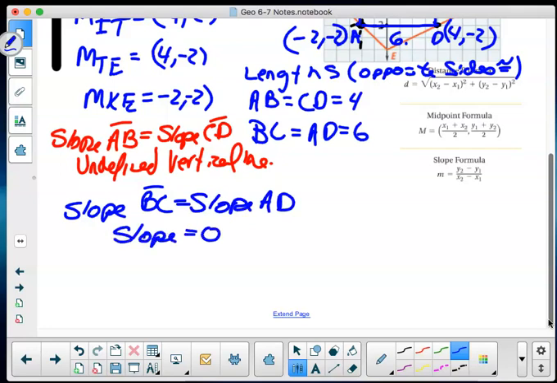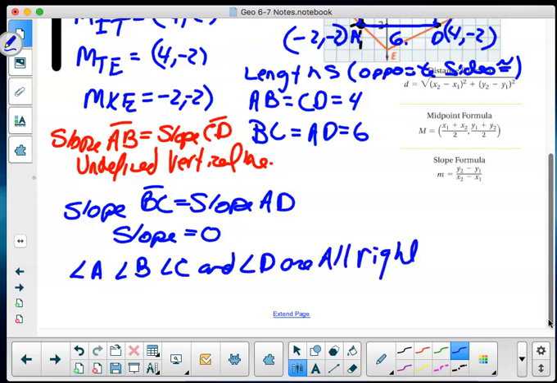So 0, okay? And it's defined that an undefined slope and a 0 slope are actually perpendicular. So all my angles are 90 degrees or right angles. So angle A, angle B, angle C, and angle D are all right angles.